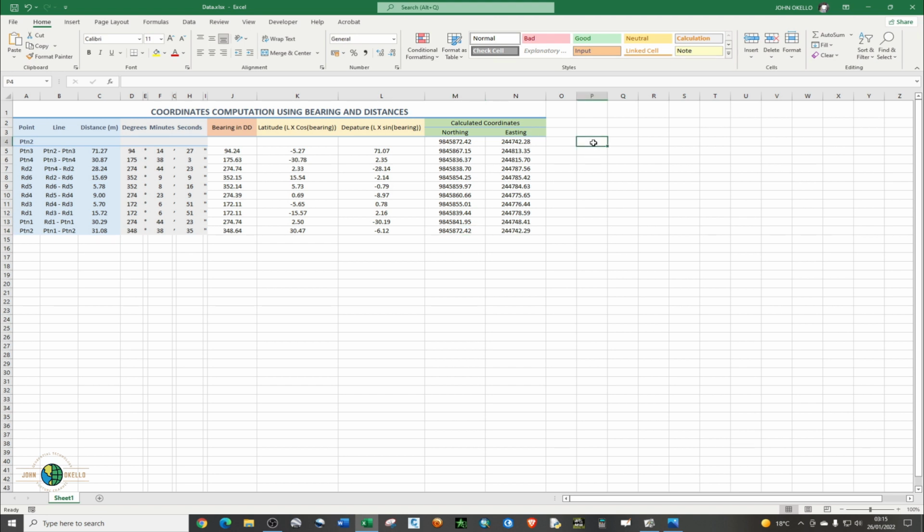So the accuracy, normally if you are doing a fixed boundary, should be around 0.03. From our calculation, let me just subtract this one.